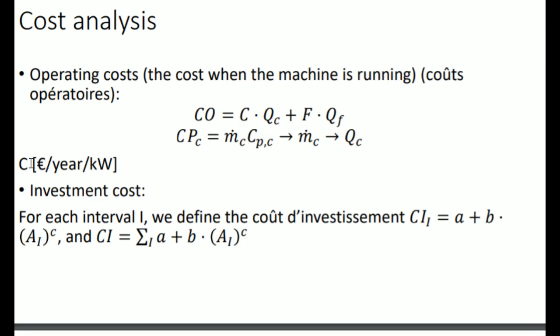So here I put C as a euro per year per kilowatt, but it's a bit weird, because that's what you put in problems, not real stuff. But in reality, what you pay is a mass flow.